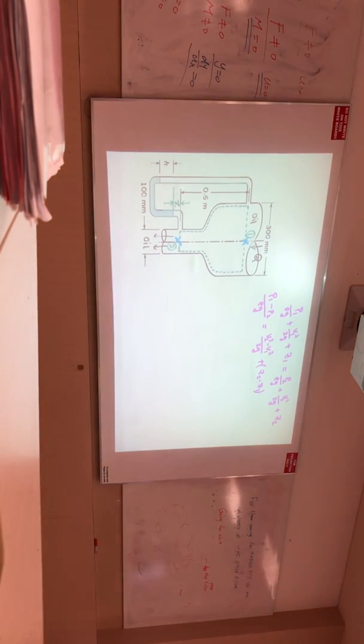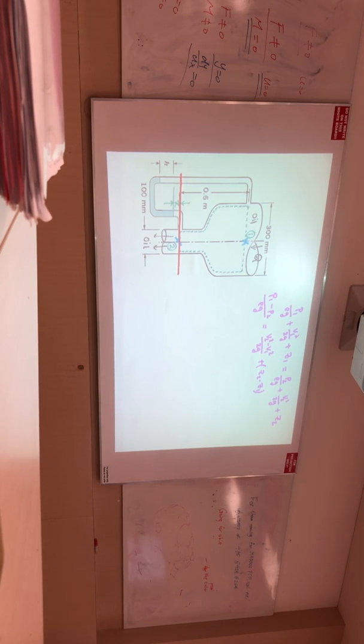So in that case, I choose this one as a reference point. 0.6. Okay? I am going to find the value of V1, and my target is to find V1.